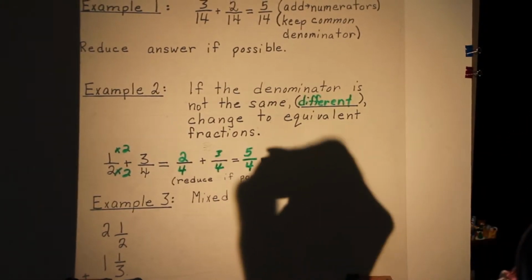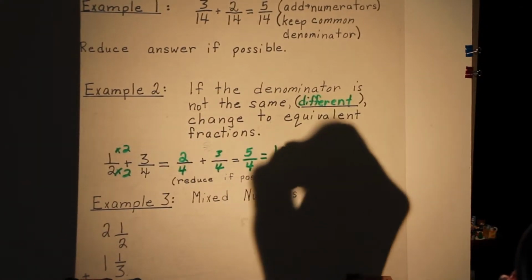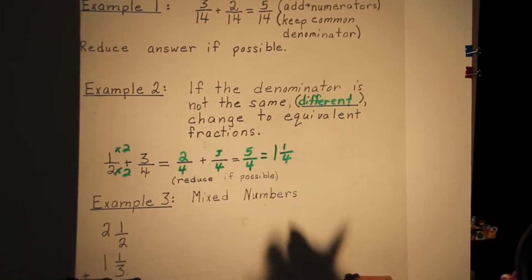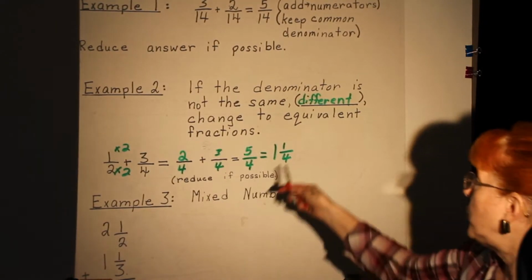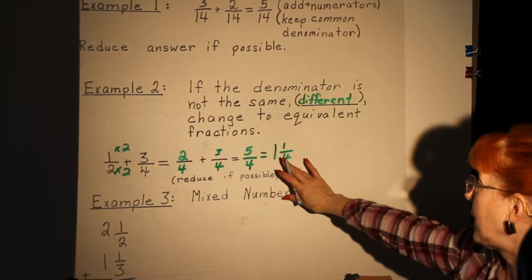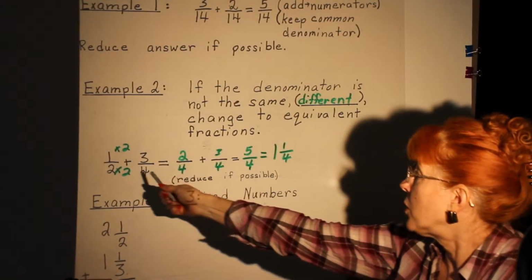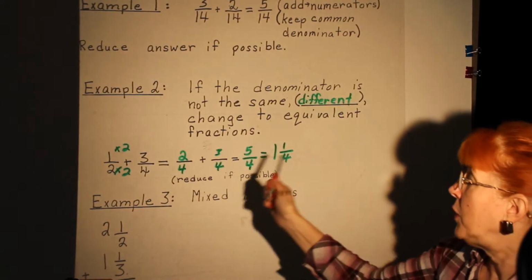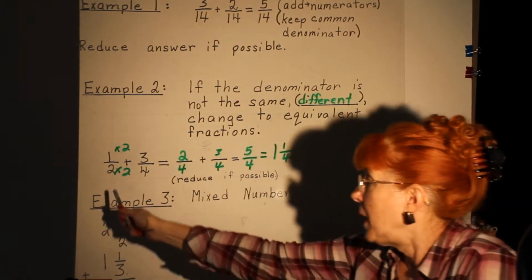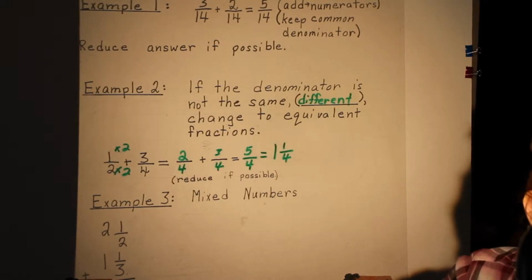How many groups? You get one whole group of 4 and you're going to have 1/4 left over. You can't reduce that any smaller. So that's your answer. When the equal sign's here, beside the question, you just keep going along. If the equal sign is not there, it may need to be started over here. We'll take a look at some of those examples.